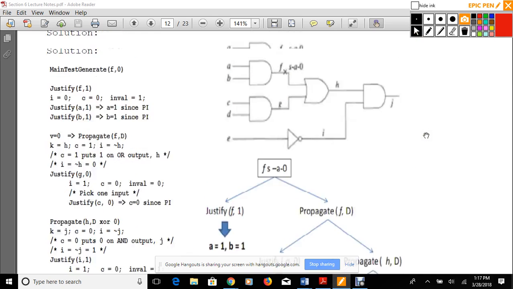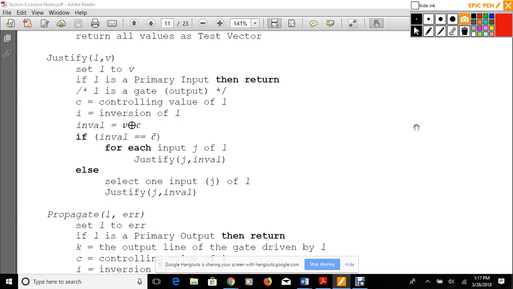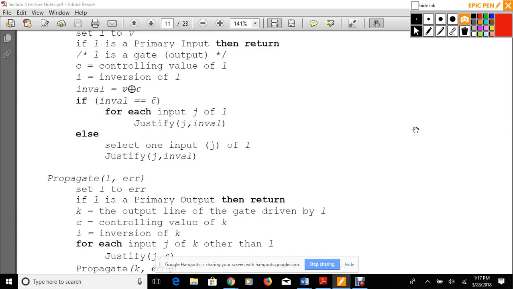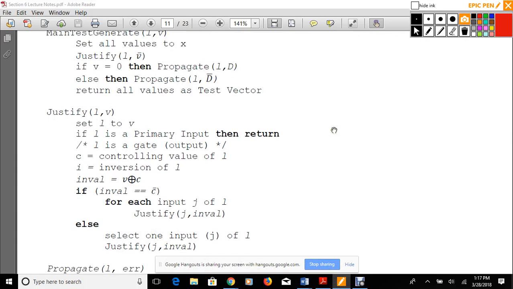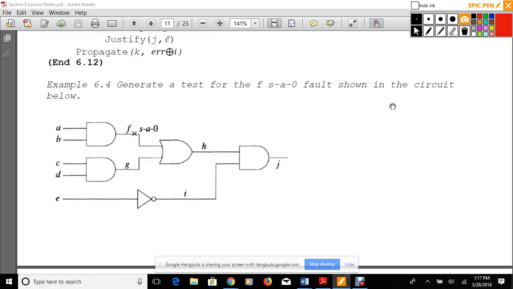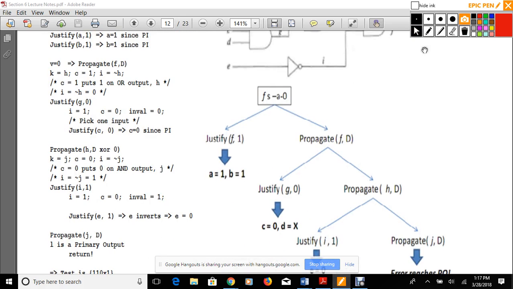So then what we do, recall from the algorithm here, we're going to propagate the error. So if V is 0, then we're going to propagate 1 and D. So what we're doing is the L and D, sorry. So here we're propagating F and D, right?